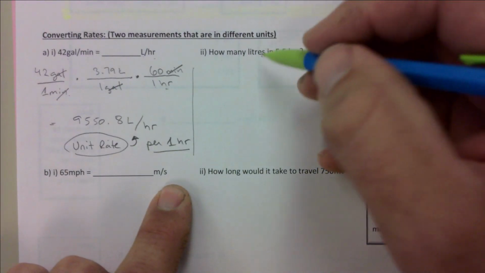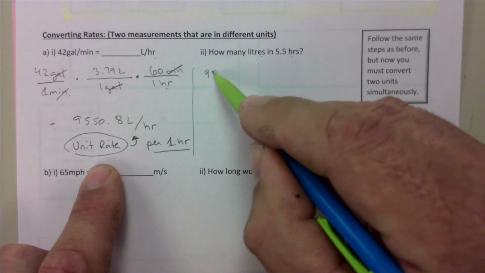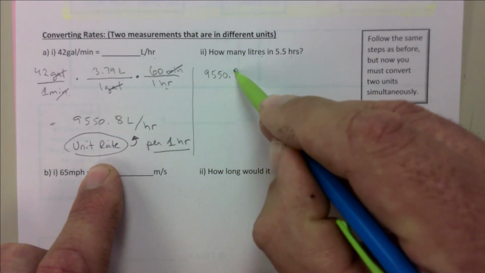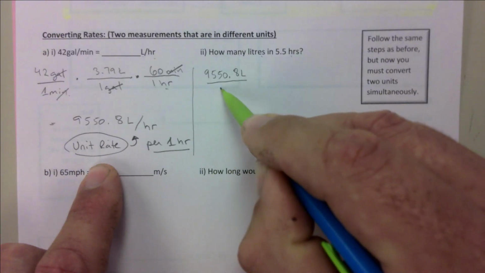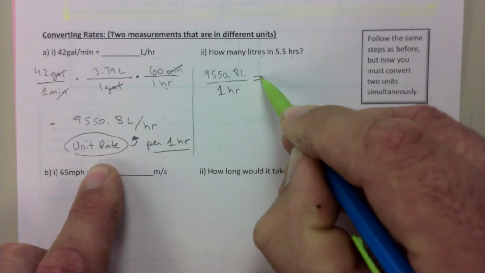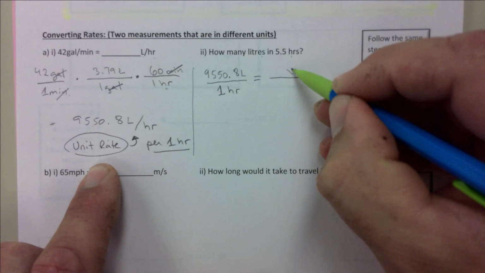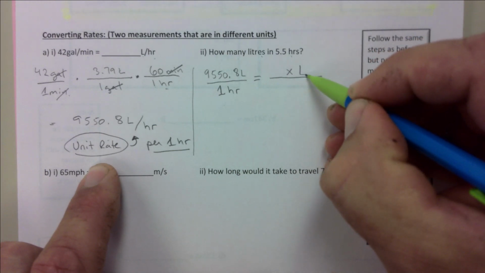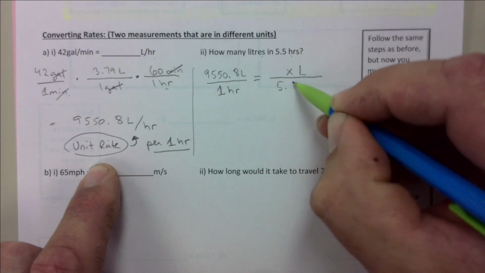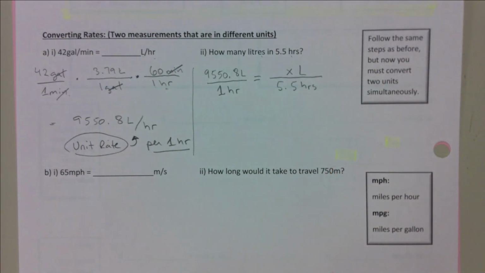Maybe, maybe not. I would like you to do a proportion, which is as follows. 9,550.8 liters in 1 hour. If that is true, then you ask yourself, how many liters would I have in 5.5 hours? And I need you to understand the difference.